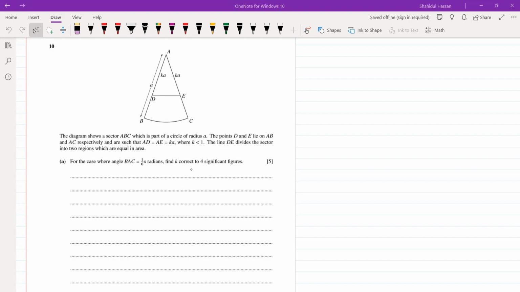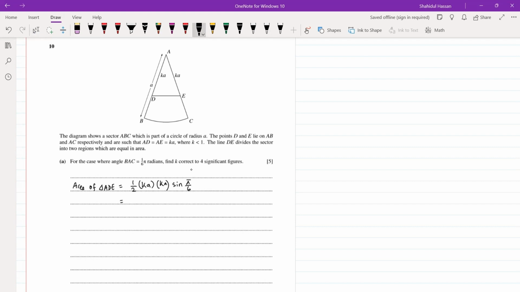First, we can say area of triangle ADE. This is the conventional method, which is half AB sine theta. In this case, this should be half KA multiplied by another KA, sine theta, where the angle is given as pi by 6 radians.